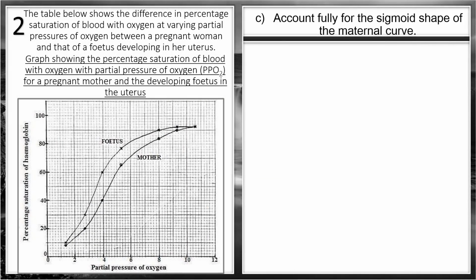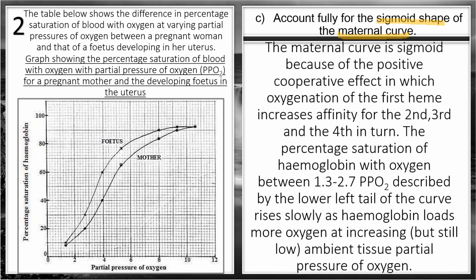Part C, account fully for the sigmoid shape of the maternal curve. The maternal curve is sigmoid because of the positive cooperative effect in which oxygenation of the first heme increases affinity for the second, third, and then the fourth in turn.